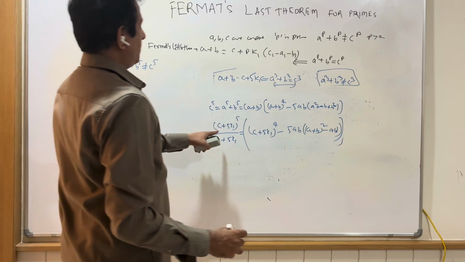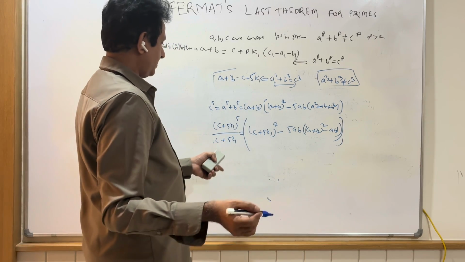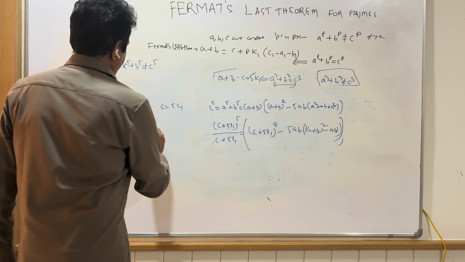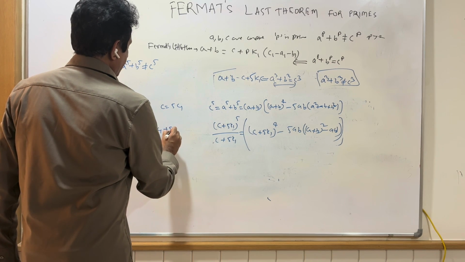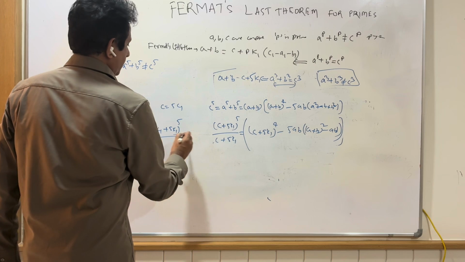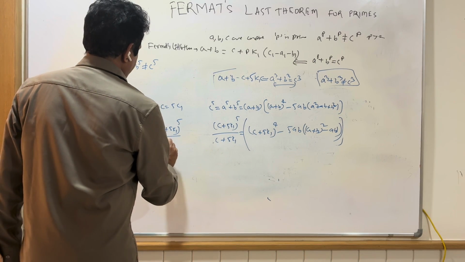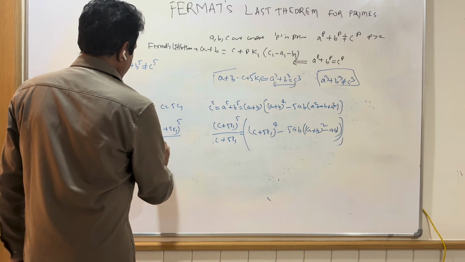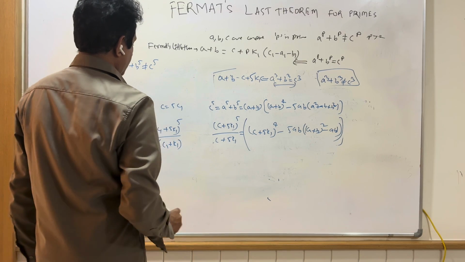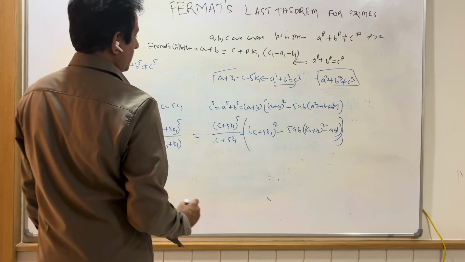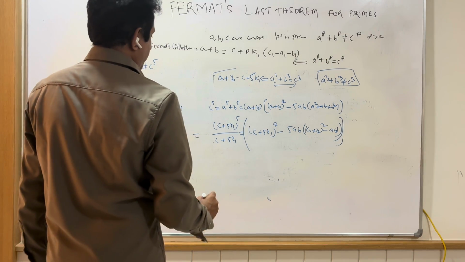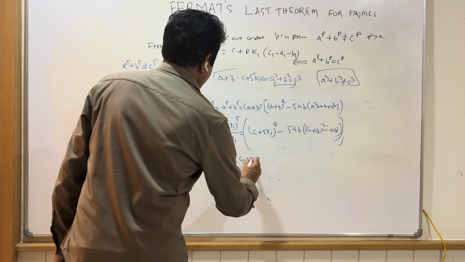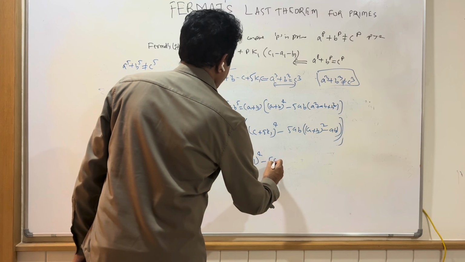We start with c as a multiple of 5. So c is equal to 5c1. So 5c1 plus 5k1 power 5 by c plus 5k1, which is 5 into c1 plus k1, minus 5ab.